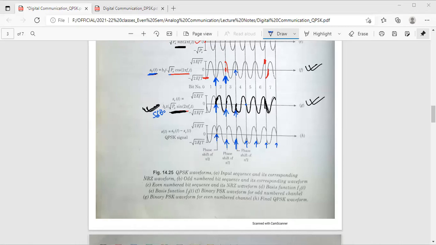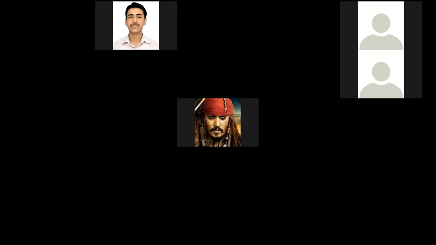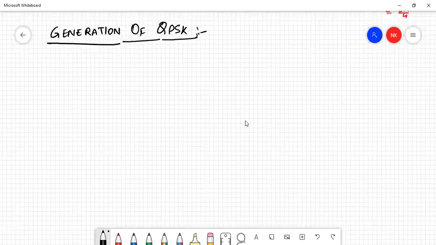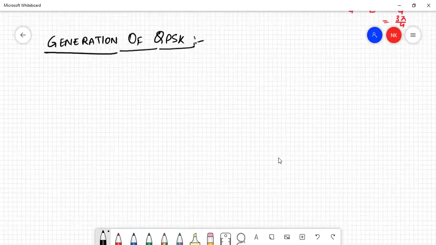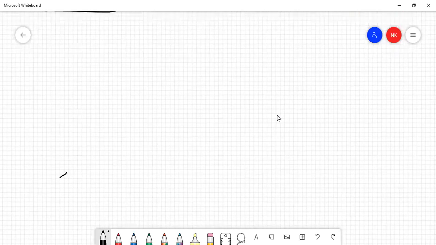Let me share the whiteboard. So what we have to see here is the phasor diagram.